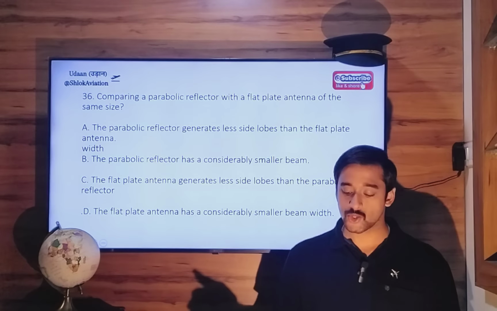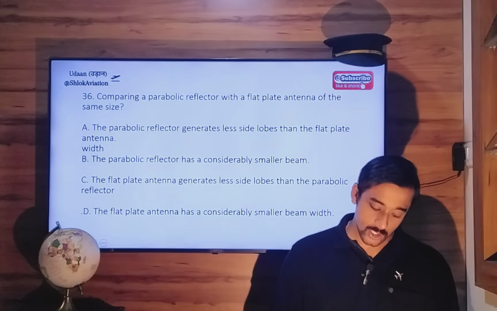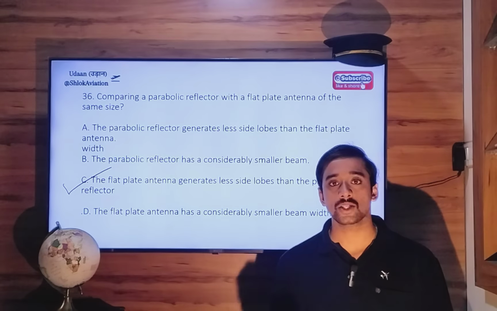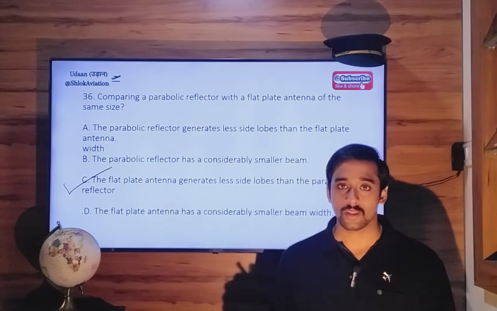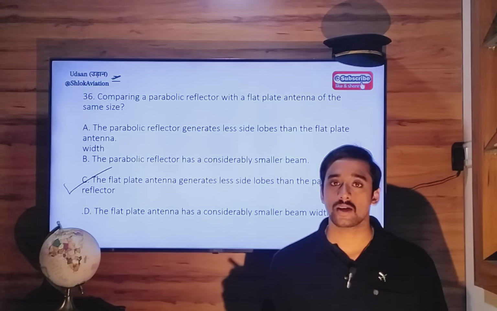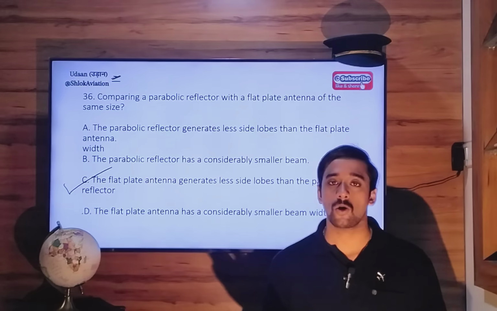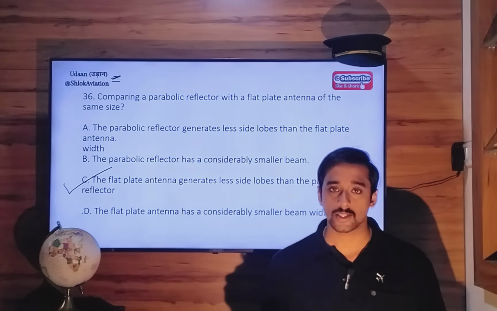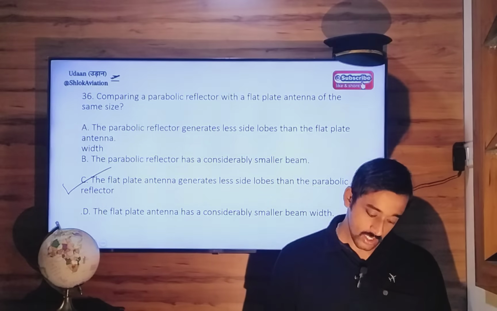Flat plate antenna has smaller beam width. So the correct option is option Charlie. The flat plate antenna generates less side lobes than the parabolic reflector. You can find this fact in the last paragraph, in the last page of Oxford Radio Nav, chapter number 11, Basic Radar Principles.